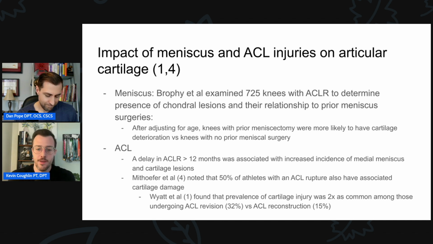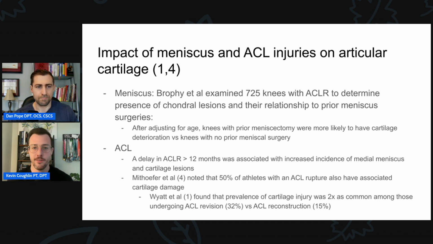And then Wyatt et al. found the prevalence of cartilage injury was 2 times as common among those undergoing ACL revision versus ACL reconstruction. This is something I'll talk about coming up, but one of the biggest predictors of what your cartilage looks like is how many surgeries you've had on your knee.